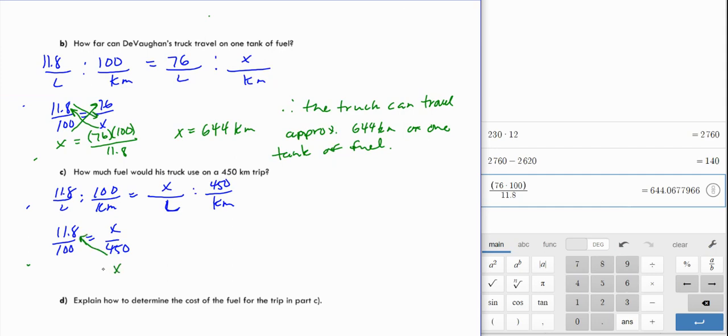So x equals 11.8 times 450 divided by 100.